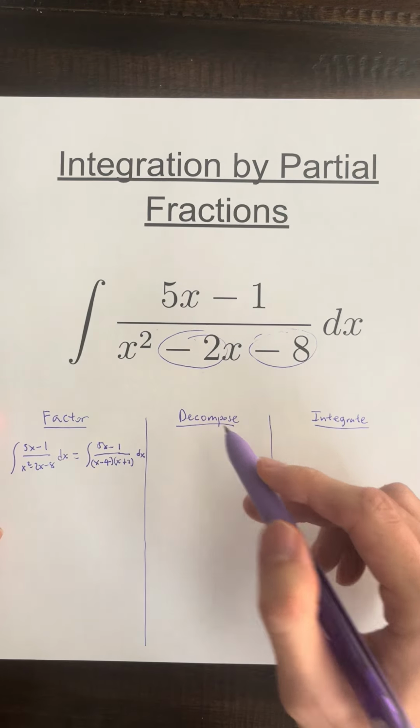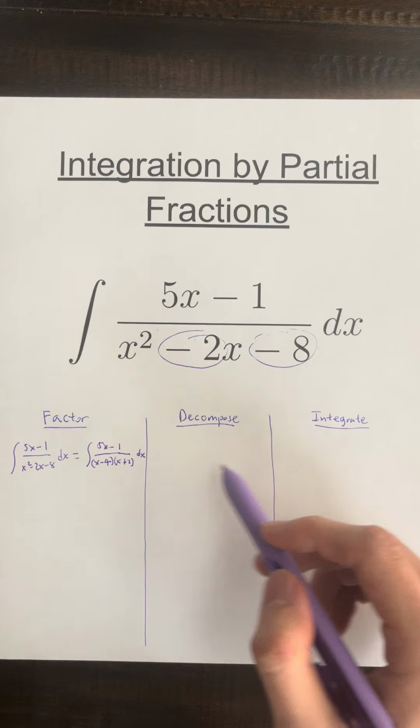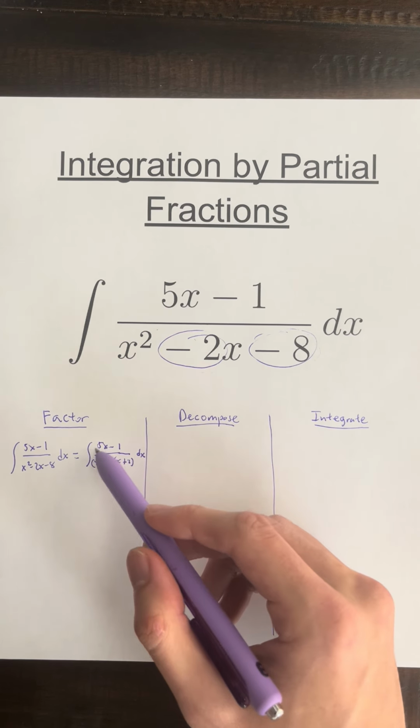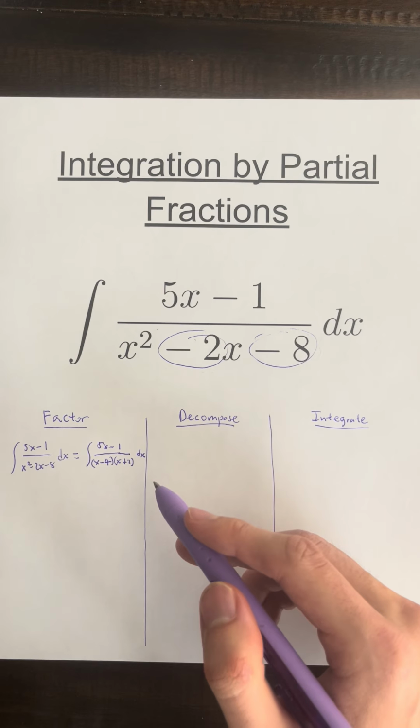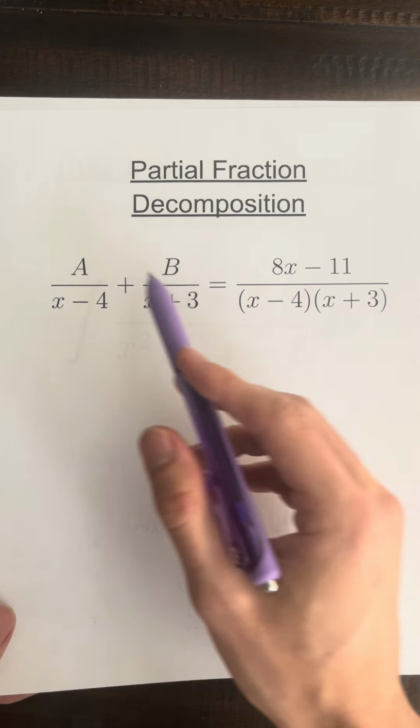How do we decompose? What equation do we need to write that has a, b, and this fraction? It needs to look like this.